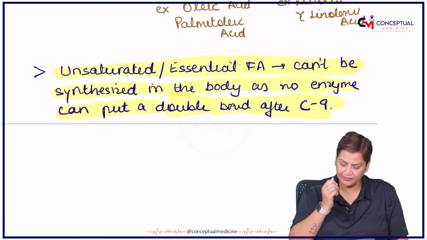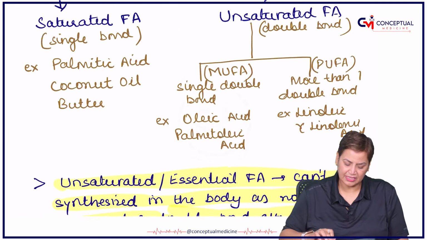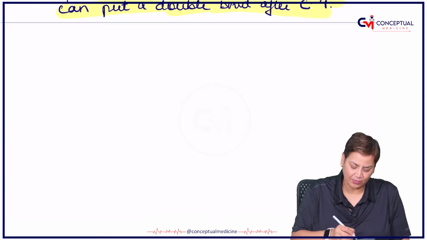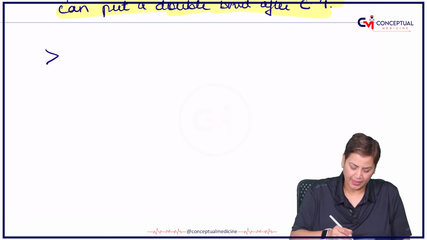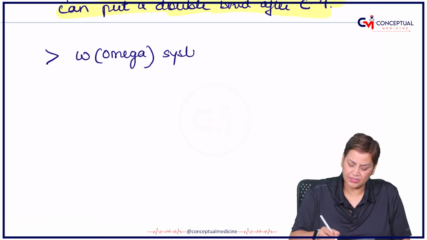So this is the classification as per the number of double bonds. Then we come to another way of classifying, which is very, very important: the omega system of classification.